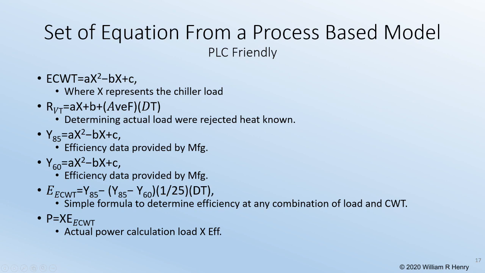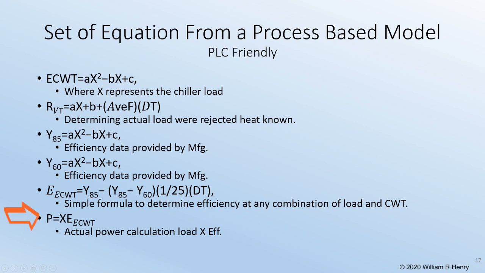The first equation provides the optimized entering condenser water temperature for a given chiller based on load. The next equation is the relationship between rejected heat and actual load and can be used to program condenser water control based on rejected heat. Efficiency curves can then be derived from data published by the manufacturer for a given chiller.